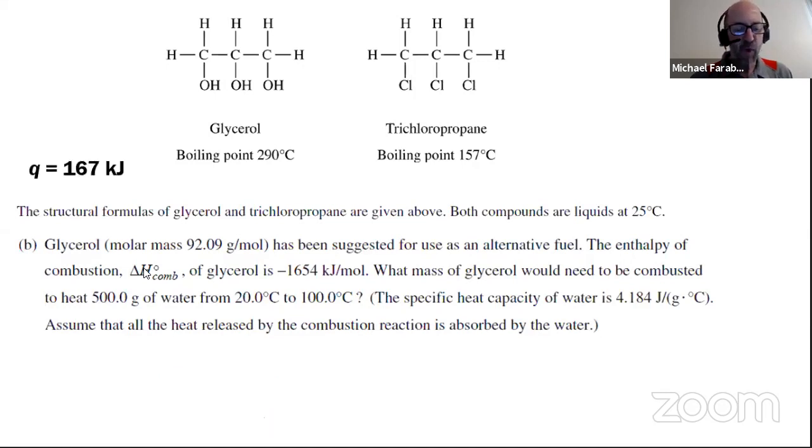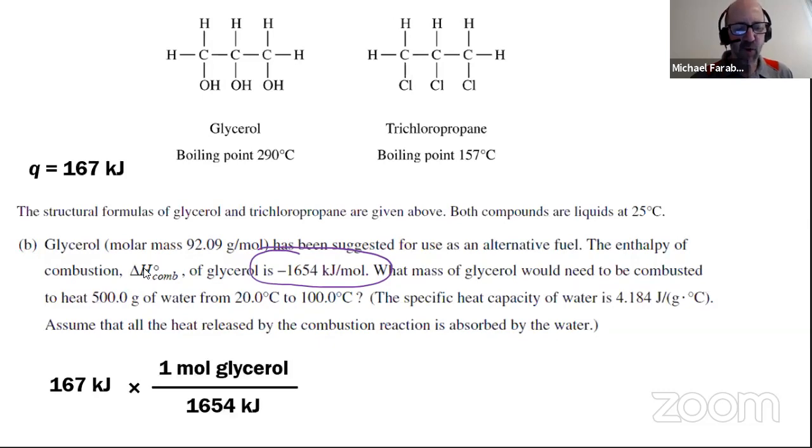So if 167 kilojoules is how much heat is needed, we have to get this from the combustion of glycerol. So for every 1 mole of glycerol, 1,654 kilojoules of heat is generated. Let's put kilojoules on the bottom and moles on top. This is our chemical formula of glycerol.